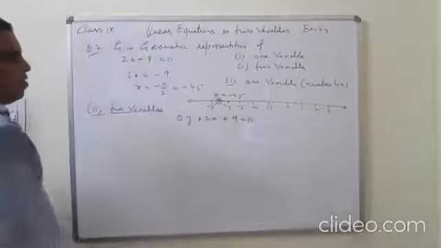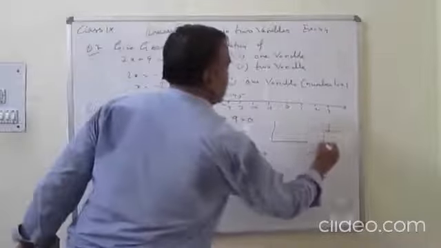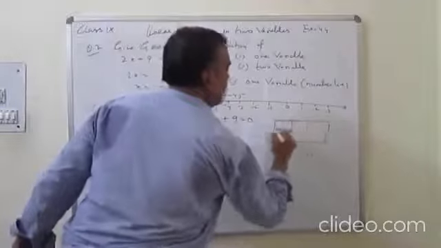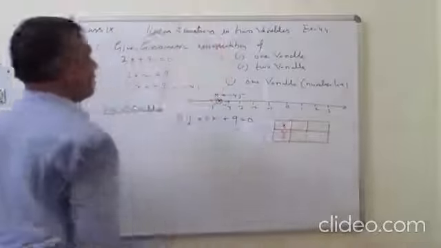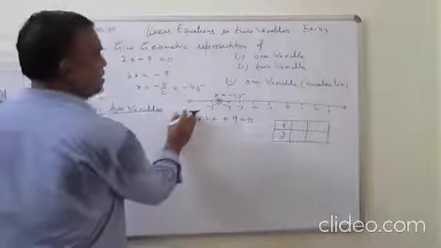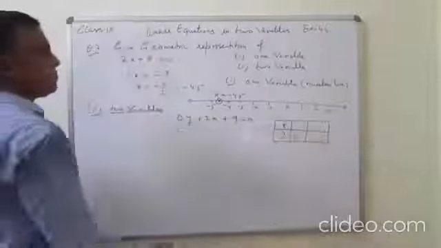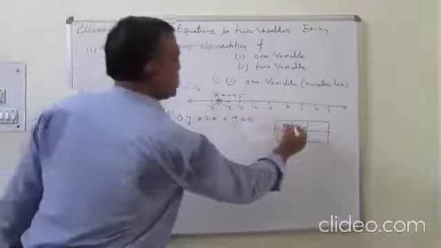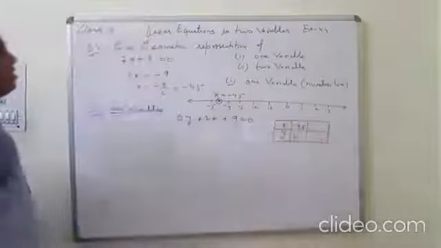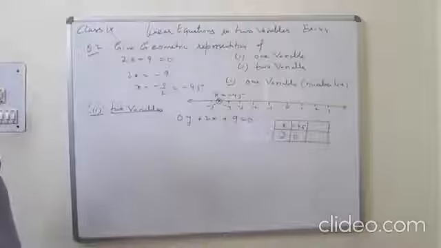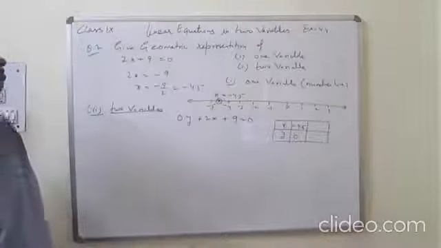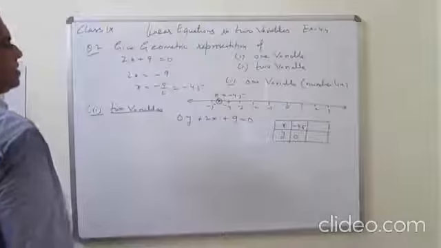You can make a table also if you want to do it. In two variables you can make a table also. x, y: here y is equal to 0, then x is equal to what? y is equal to 0, x is minus 4.5. So we see that y will remain 0 and values of x are changing. See here.